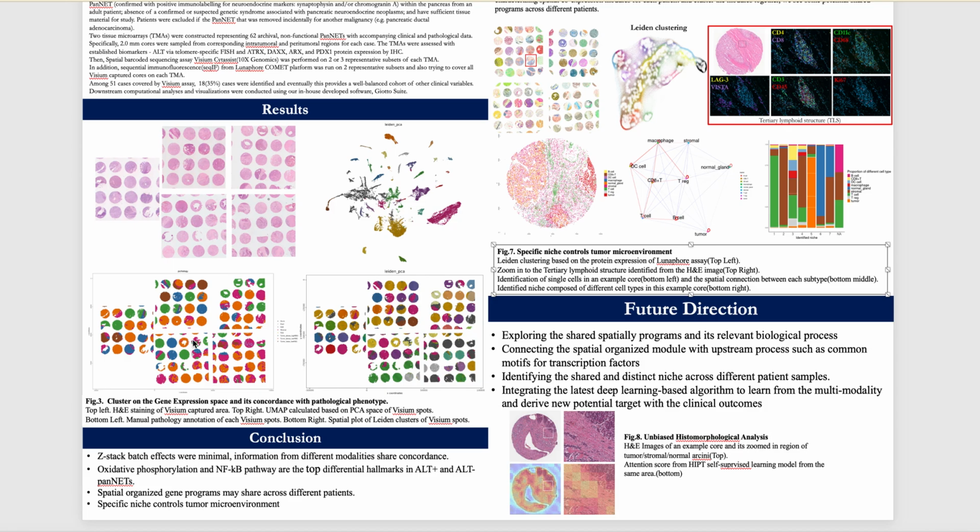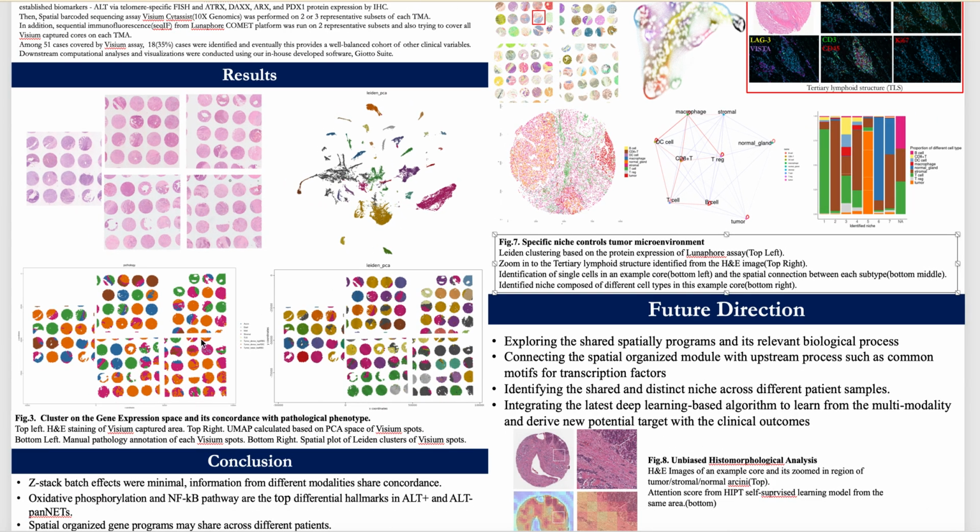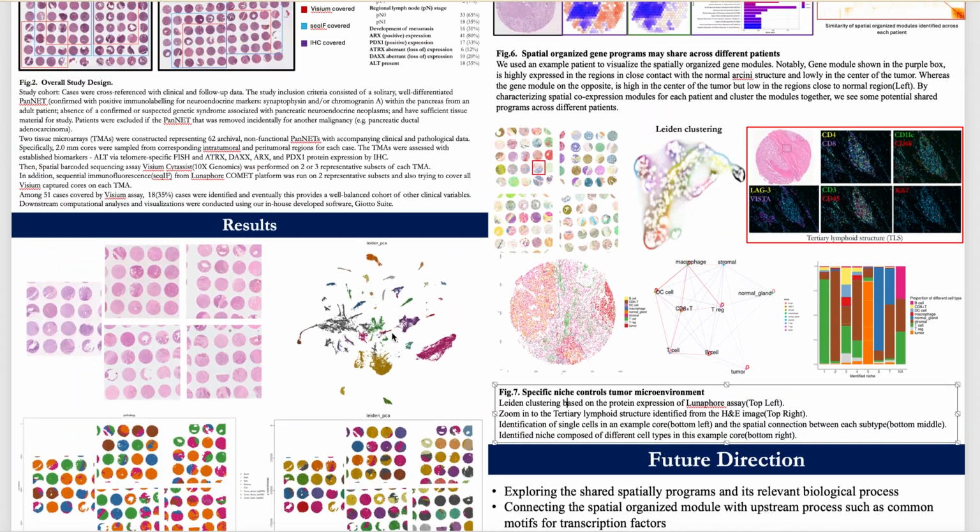And in this image, we can see that these spots are manually annotated by the pathology annotation, including normal acinar structure, normal ductal structure, normal islet structure, stromal region, immune-rich region, and a few other tumor subtypes. And on the right is the clustering result from the gene expression space.